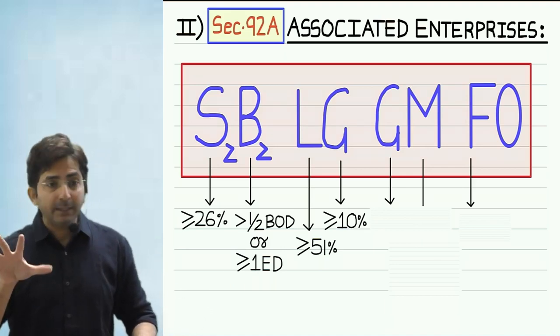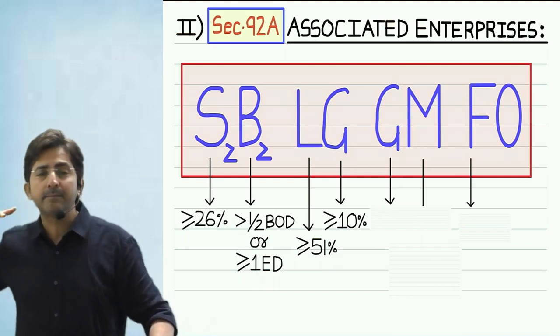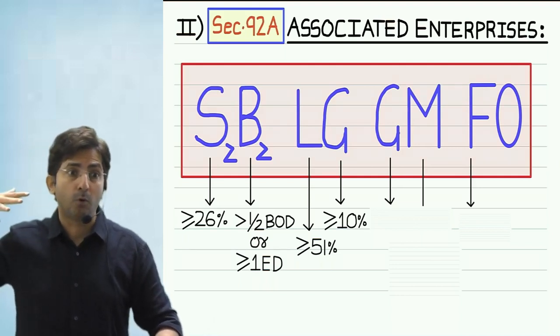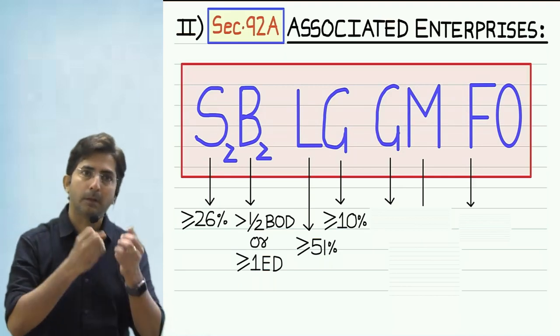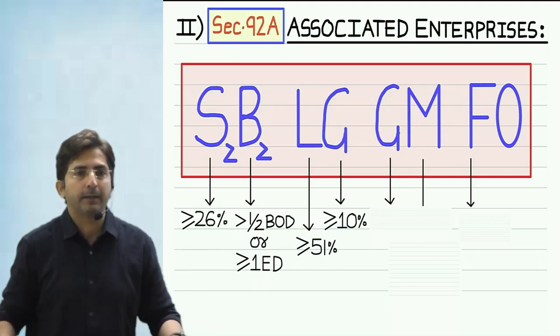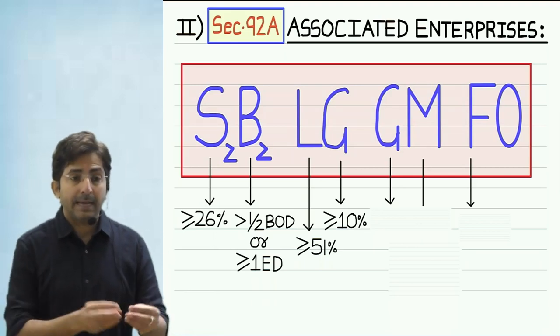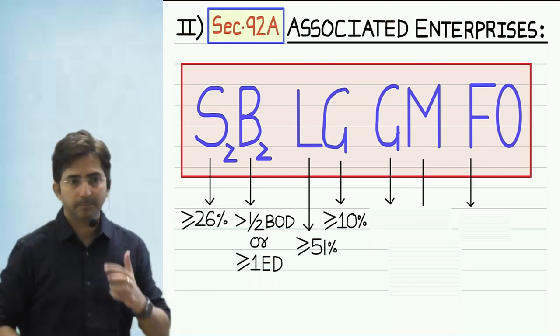That's why giving a loan is not a big deal. It is treated as a big deal when 51% or more of a loan has been given. But giving a guarantee is always a big deal, because guarantors do not have any safety. So in a guarantee, even if it is just 10%, it becomes an association.